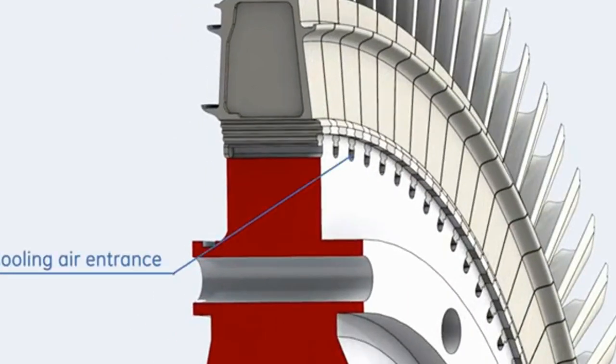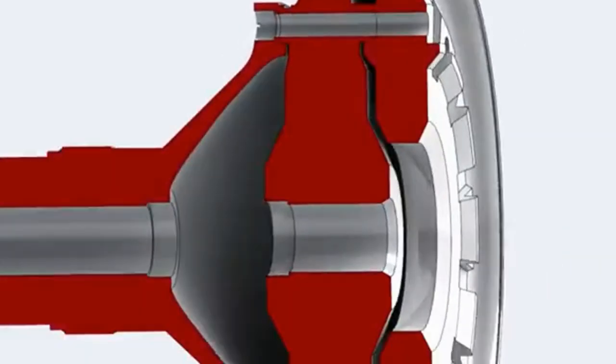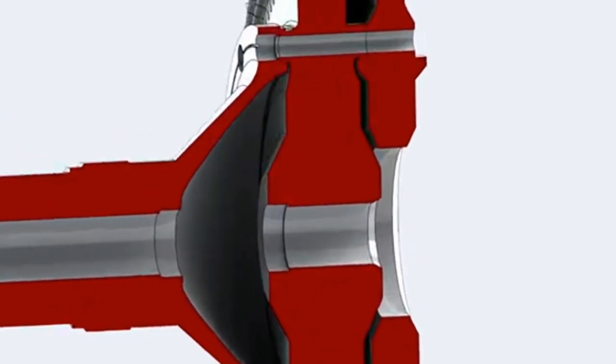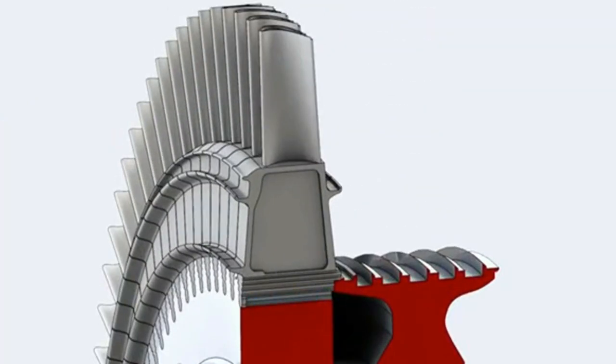The rotor internal cooling air, which passes through slots on the forward face of the first wheel spacer, is fed into these plenums. Cooling air flows from this plenum to a series of longitudinal air passages to cool the bucket and exit at the recessed bucket tip.